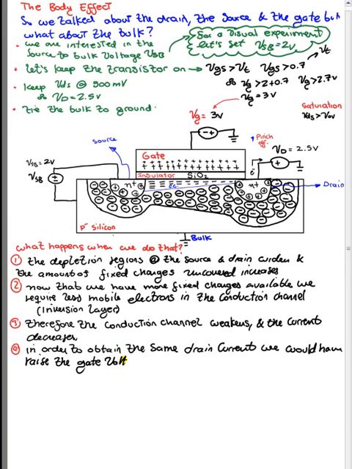Raise the gate voltage. If we look at this set of results, we would see that increasing the source to bulk potential is analogous to increasing the threshold voltage.